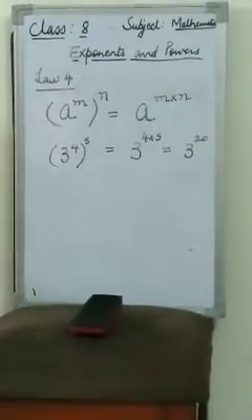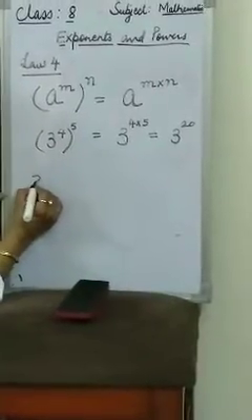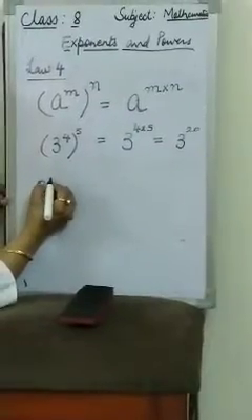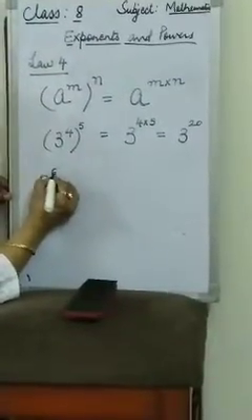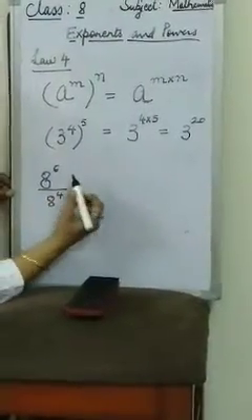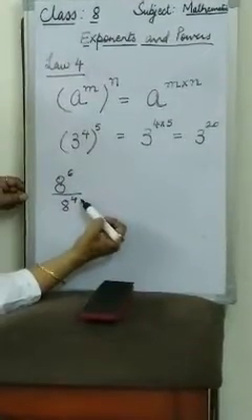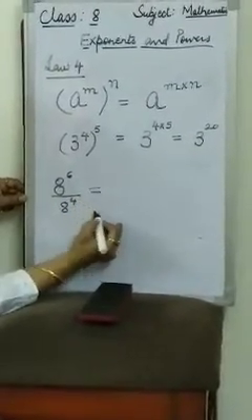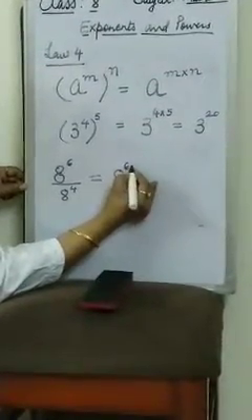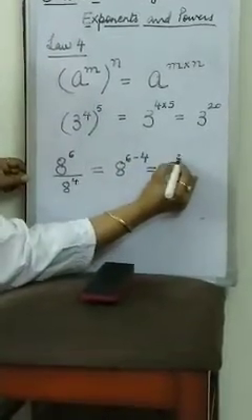Similarly, I take examples of the second law and third law. I am taking the example of the second law, 8 to the power 6 upon 8 to the power 4. That means the power of the numerator is greater than the power of the denominator, so it becomes 8 to the power 6 minus 4, that becomes 8 to the power 2.